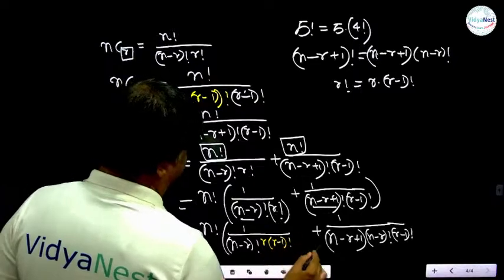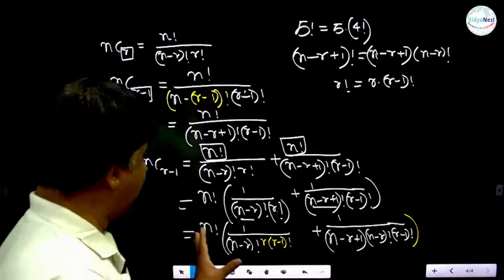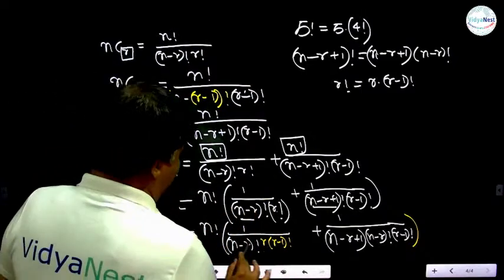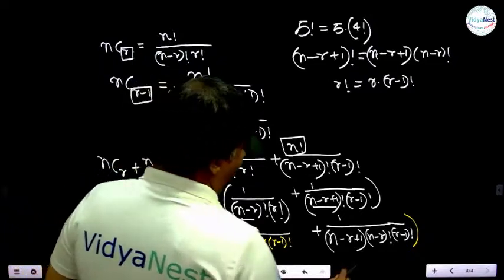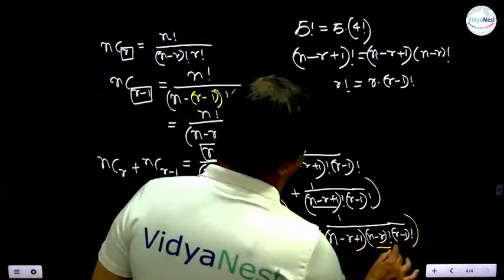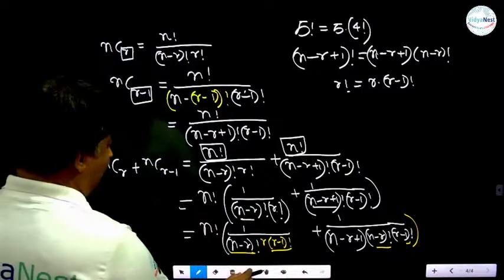Now, if you observe carefully, what terms can we take common? See, n minus r factorial I can take common, and r minus 1 factorial I can take common, and that will give us what?